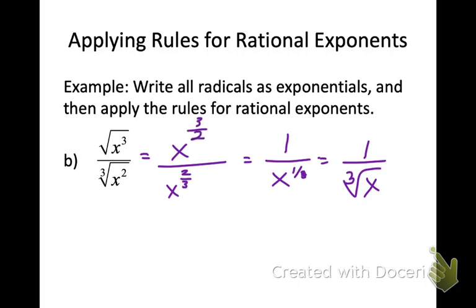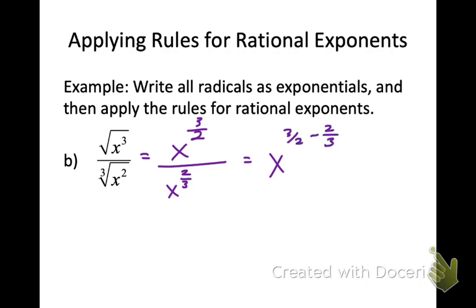3 over 2. So that means I'm doing x to the 3/2 minus 2/3. So there I got to make a common denominator of 9 over 6 minus 4 over 6, which is what? 5 over 6.